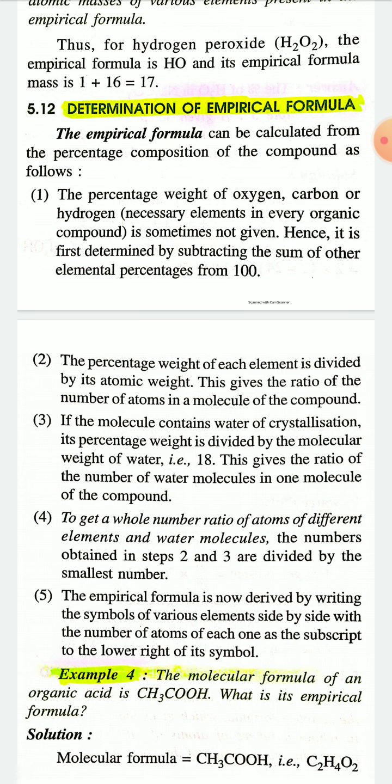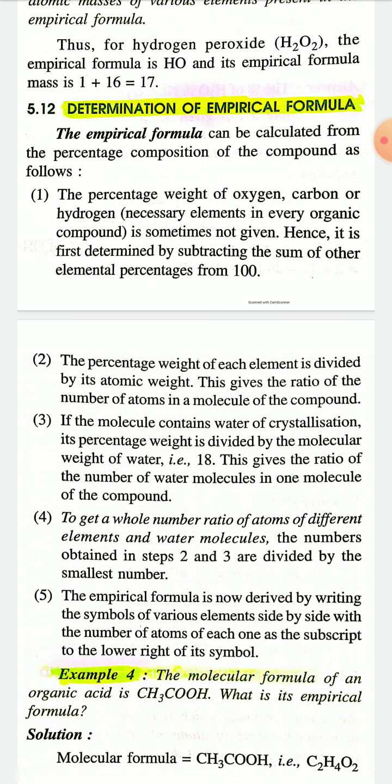So the first step is to provide the percentage weight of the elements present in the compound, such as oxygen, carbon, hydrogen.